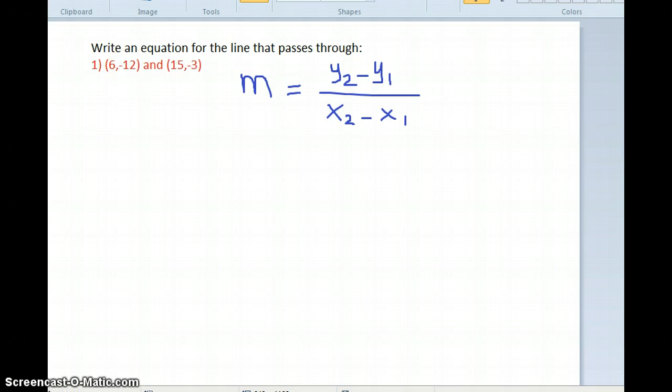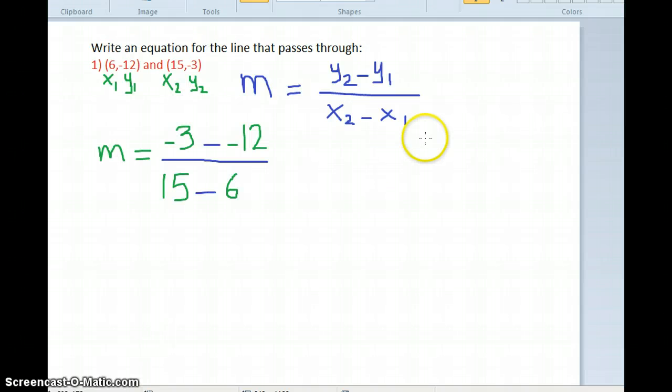If we call them x1, y1, x2, y2, I think that will help. Again, it doesn't matter which one is 1 and which one is 2, as long as it's the same point. So by plugging it in, y2 is -3 minus y1, which is -12, over x2, 15, minus x1, 6. Again, be consistent.